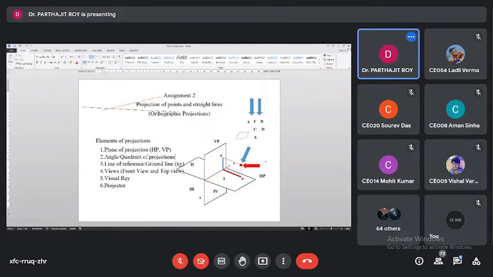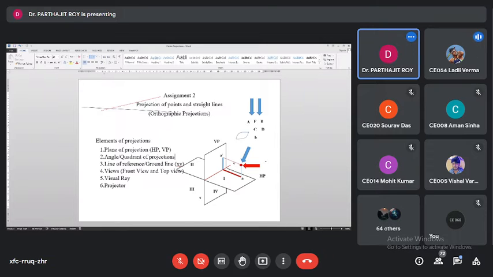Now the question comes, whatever we have been discussing, it is a three-dimensional representation, isn't it? The projection planes, horizontal plane and vertical plane that I have shown, this is the three-dimensional representation. Yes or no? Yes, sir. But when I will be representing the things on my piece of drawing sheet, the surface of the drawing sheet is two-dimensional.